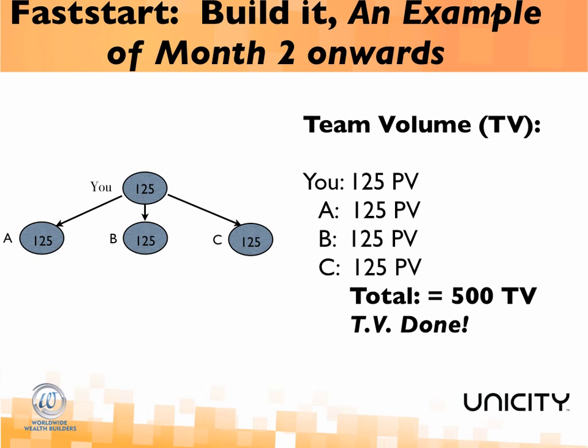The great thing with a Build It methodology, and I'll go on to show you another example where I combine the two, is that you've set up a structure, A, B, and C, and yourself, for month 2 and beyond. To maintain the manager rank, you need 500 TV. Well, the good thing is the PV requirement for you and for A and for B and for C, because you set that structure in place on the Build It first month to make manager, you now automatically have the structure in place to automatically qualify you as a manager going forward.